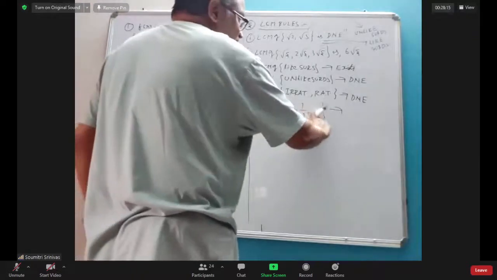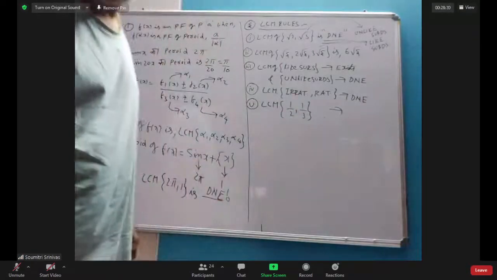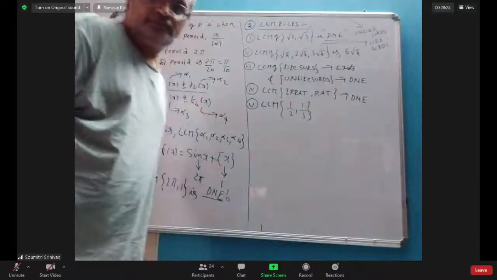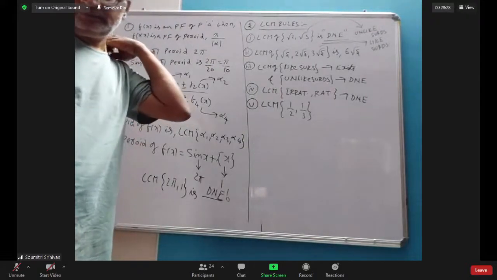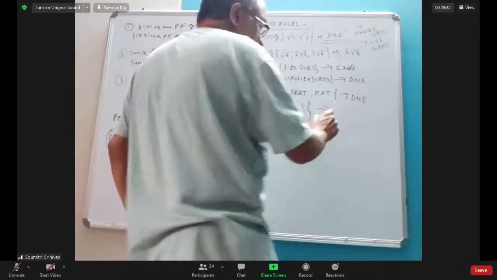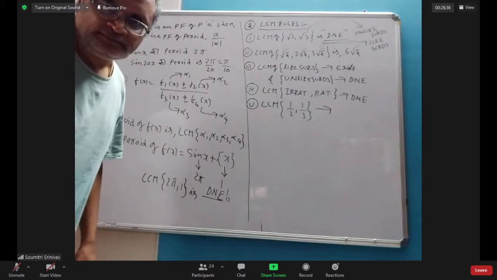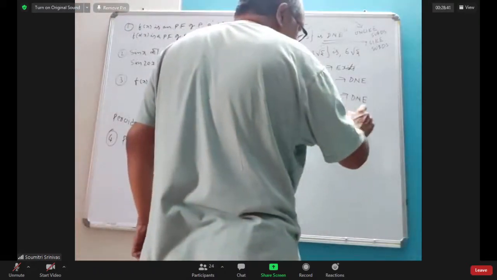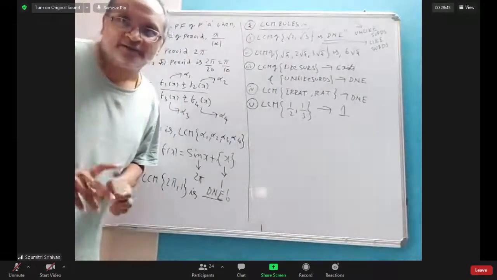Or 1 by 2, 1 by 3? 6 or 1 by 6? 1 by 6. Very good. Answer is 1 by 6.